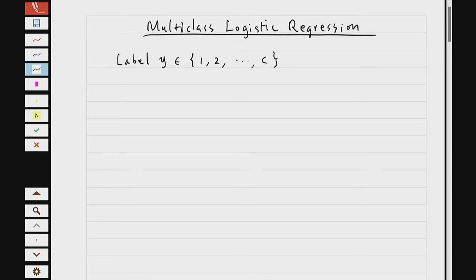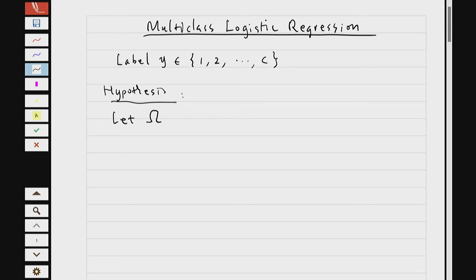So now, what is the hypothesis corresponding to the binary case for logistic regression? Or the hypothesis set. Because there are multiple classes, we have to use multiple lines instead of a single line. Let's say we have C different lines.